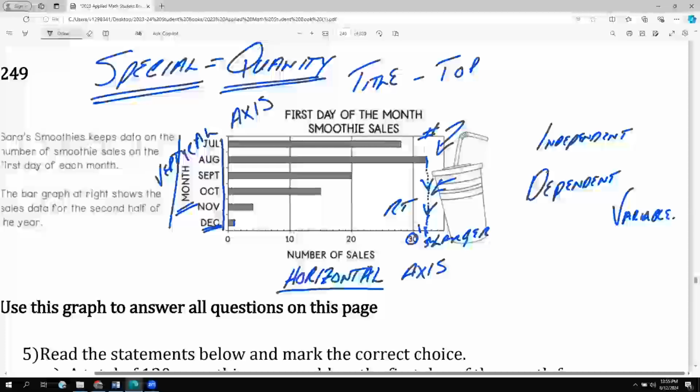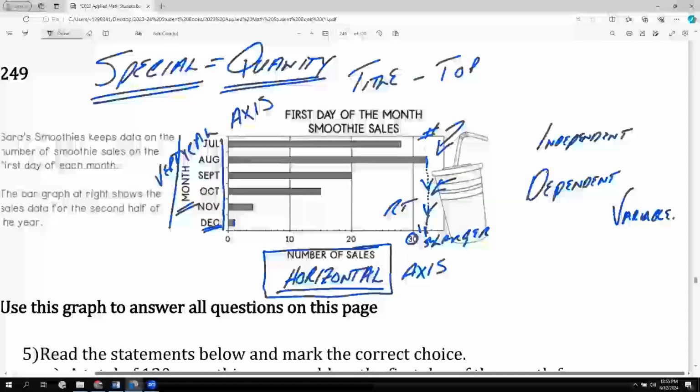So I want to add this to the bar chart because it makes it a little easier to understand it right here. Okay, so the independent variable is actually listed on the horizontal axis. So whatever is listed here on the horizontal axis, this is what you call the independent variable.